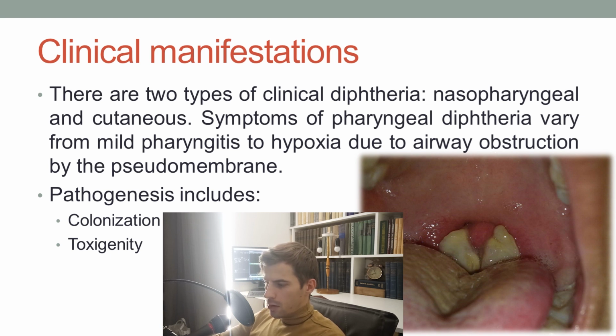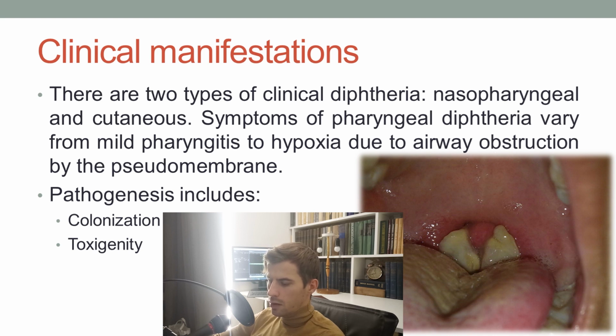dangerous, since it produces more complications, and it affects not just the mucous membrane, it also affects the upper respiratory ways and can produce obstruction of the airway with the pseudomembrane. Regarding pathogenesis, it includes two features of this bacteria.